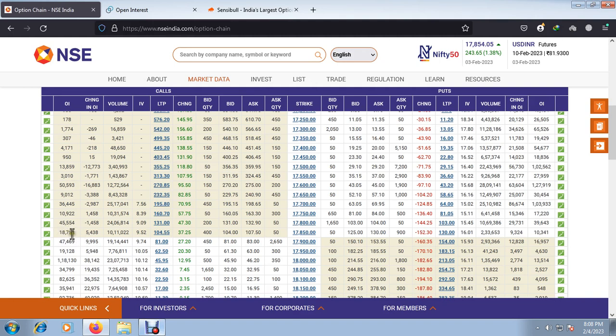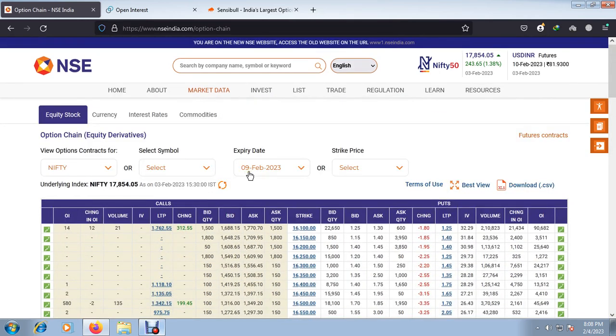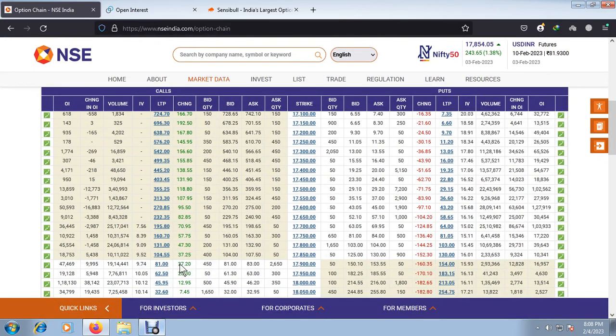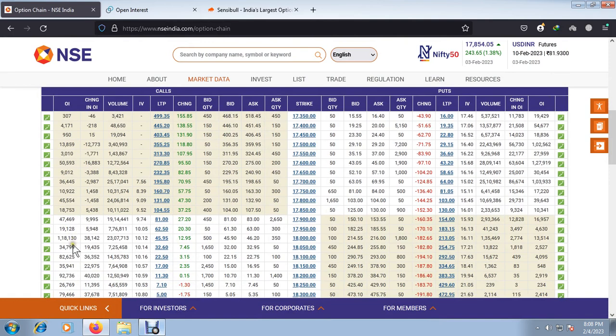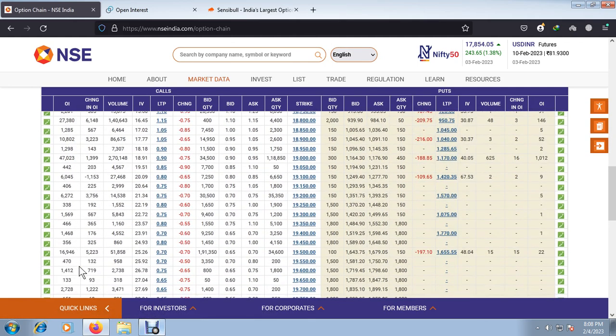So the open interest shows the range of the market for the entire week in a weekly option chain, and in a monthly option chain it shows the range for the entire month, depending on which side has the highest open interest. Here, at 18,000 it is 1 lakh 18,000, and at 18,500 it is 1 lakh 11,000, with nothing more on the downside.